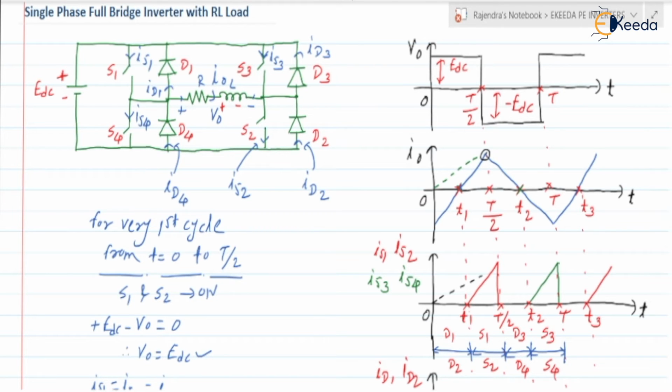The energy stored by the inductor will be released through diodes D3 and D4. Now the inductor is acting as a source. From T by 2 to T, the inductor releases energy through diodes D3 and D4, in opposition to the EDC.